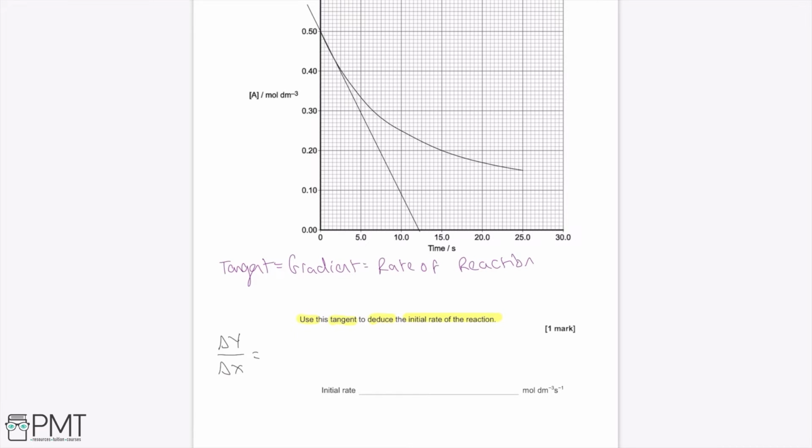Putting in values, the change in y is 0.5, and the change in x is 12. When we do 0.5 divided by 12, we get 0.0416, and this is in the accepted range and will get us the mark for this question.